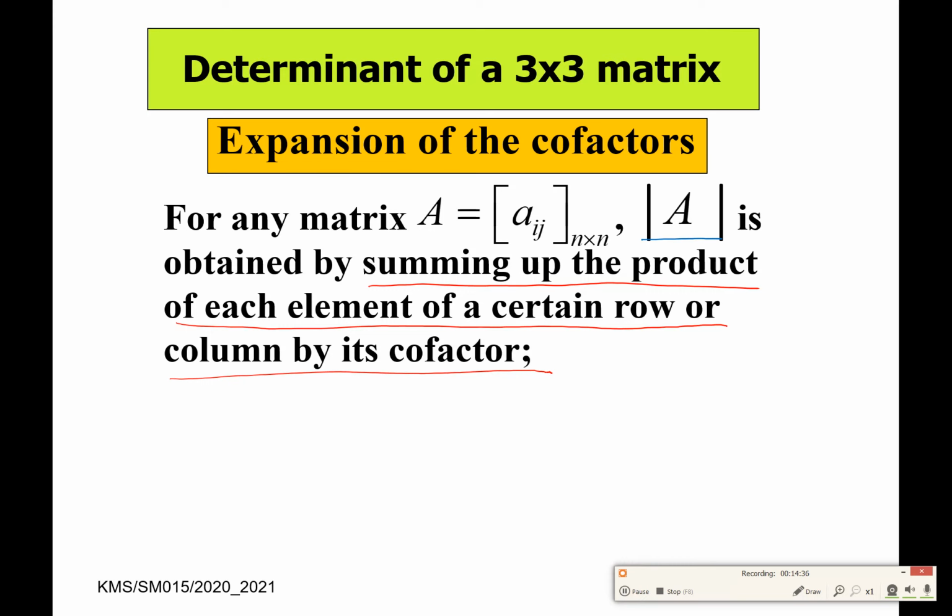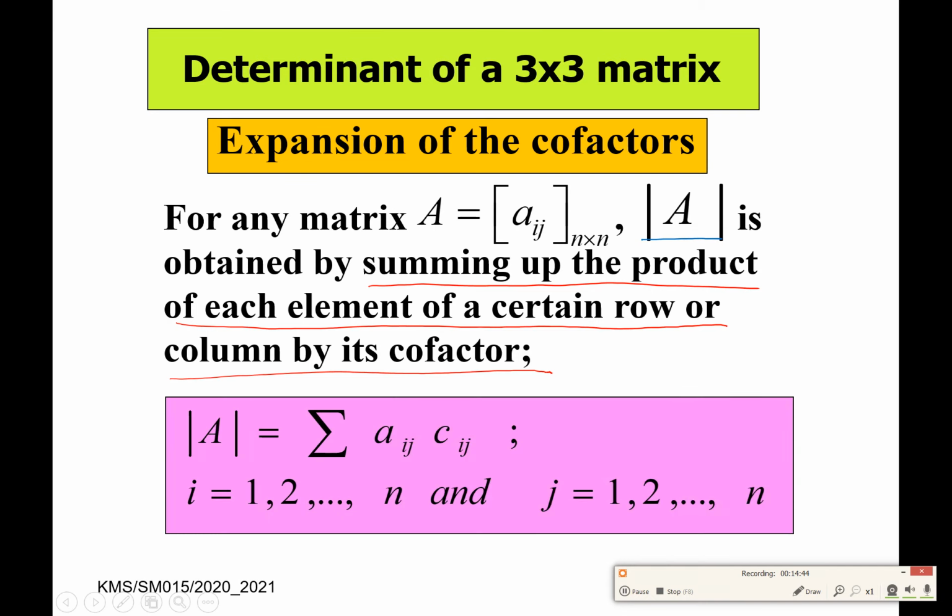So you can just choose any row or any column from that matrix that given to you. So don't worry for this. Okay, so this is not the example actually. This is absolute. It's summation of Aij Cij. ij means the elements, and from the cofactor of this one, and of course the i and j start to calculate with number 1.